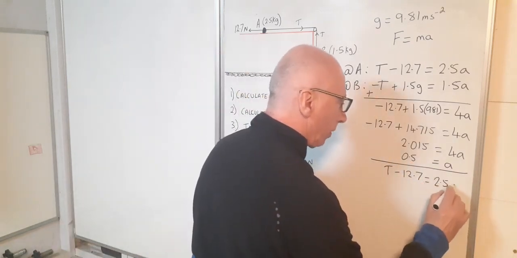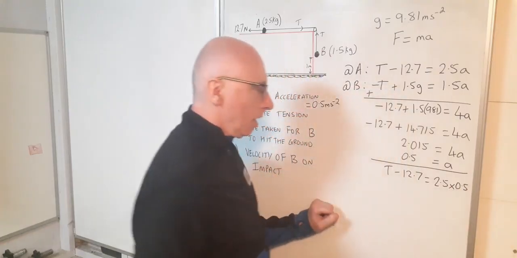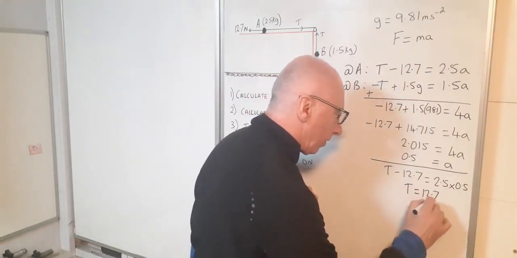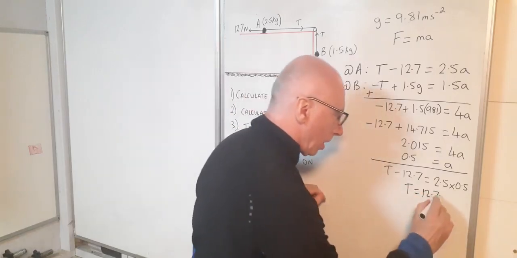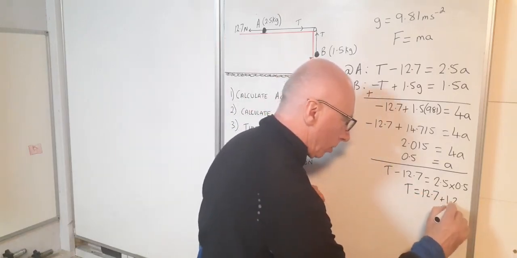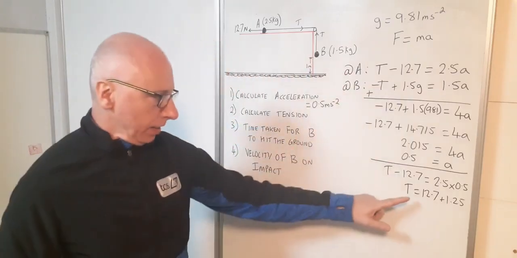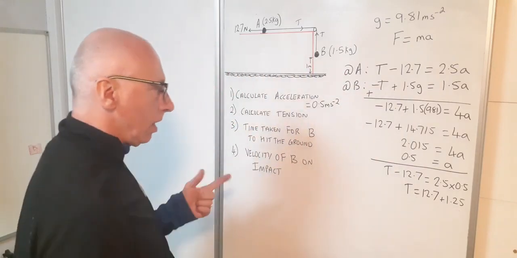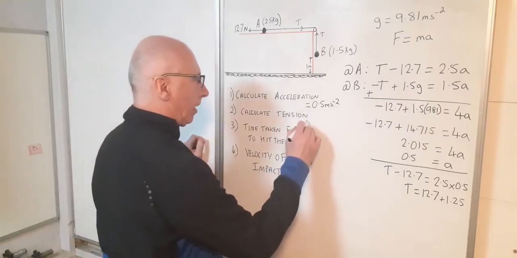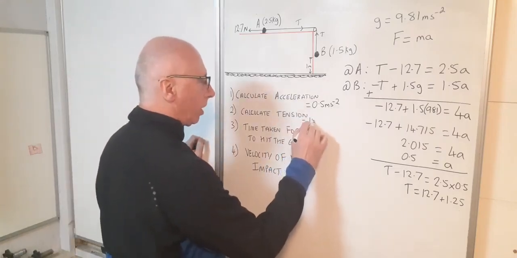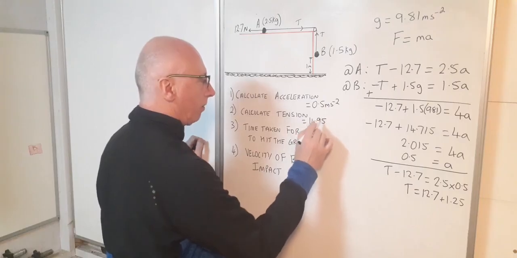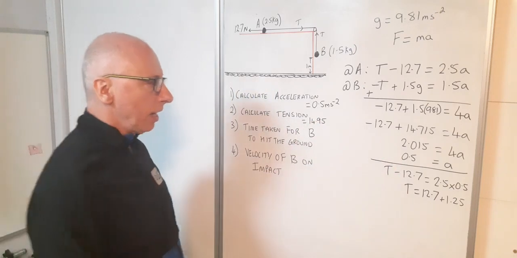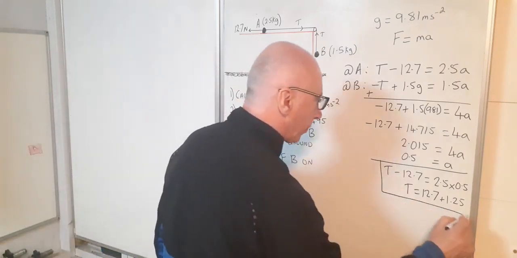So tension equals 12.7 plus 2.5 times a half, which gives me 1.25. So tension is approximately 14.95, allowing for our rounding error for the acceleration. So that takes care of that.